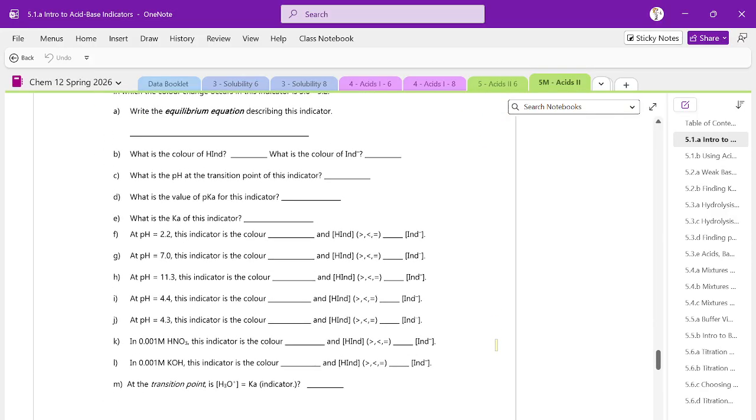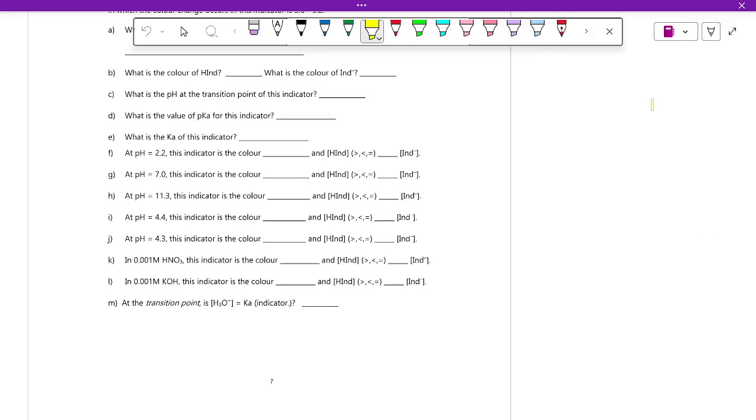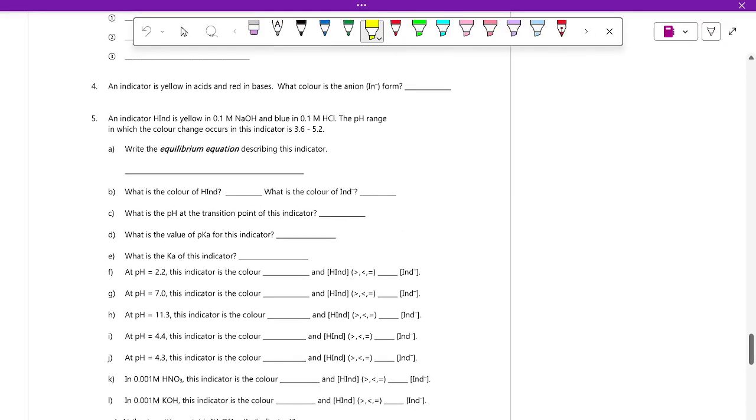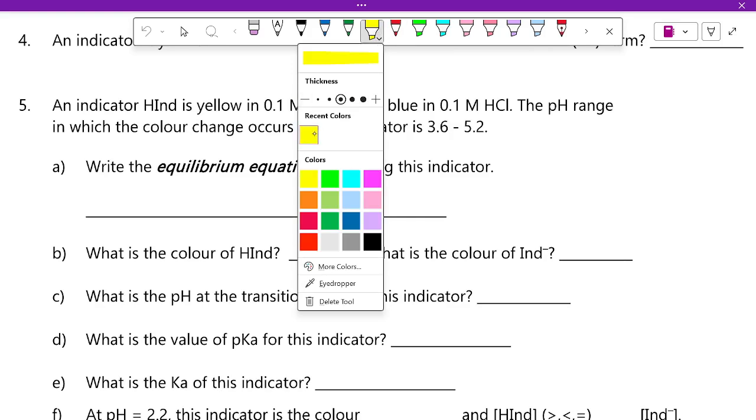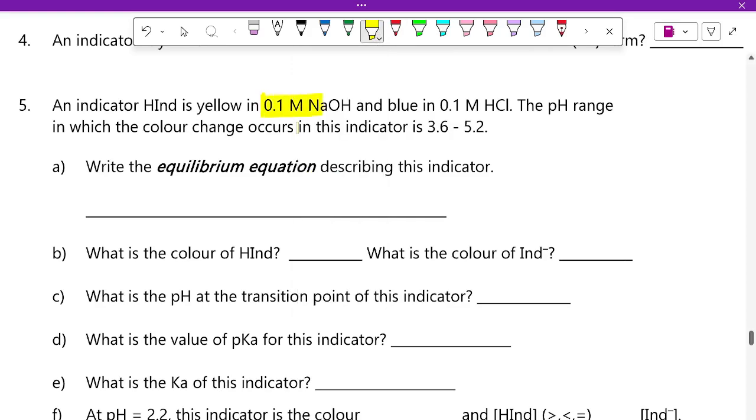Number 5J. Okay. So we have an indicator that is yellow in NaOH and it is blue in HCl.